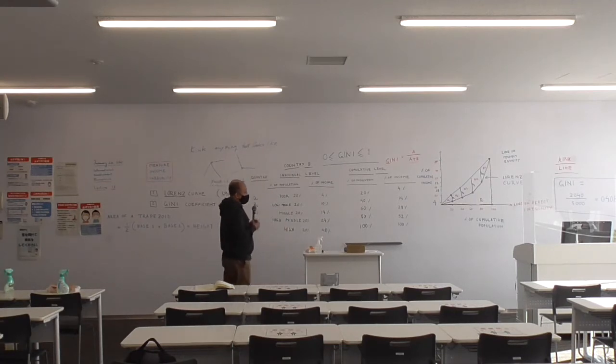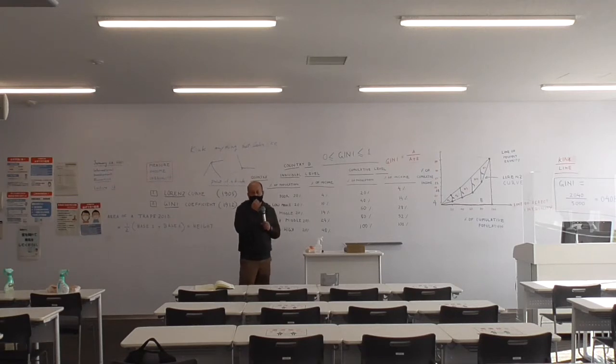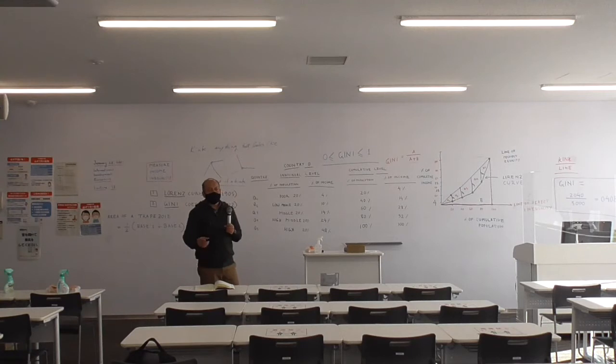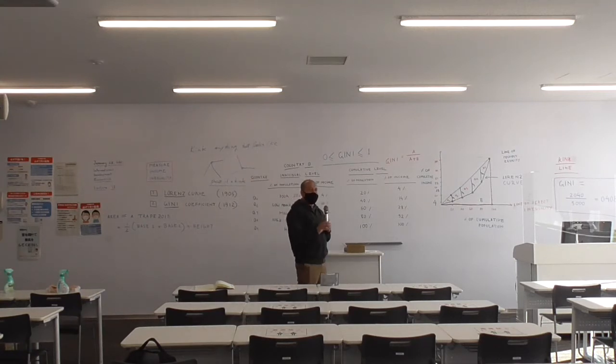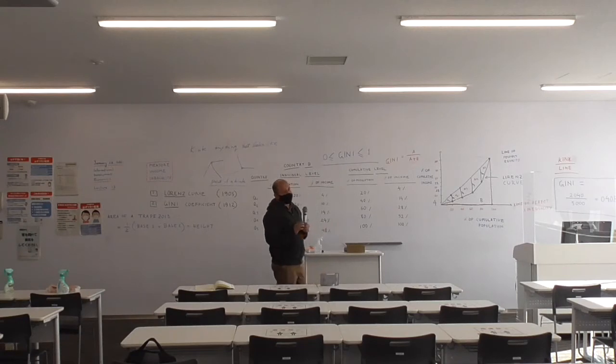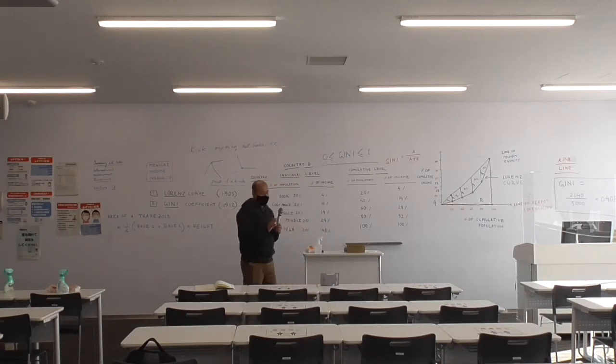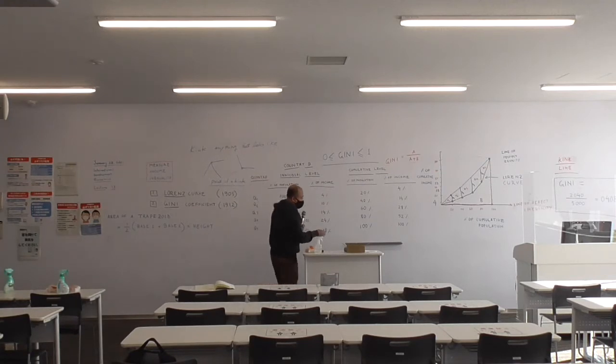On the other hand, South Africa, for instance, has a Gini coefficient of more than 0.6, like 0.61 or 0.62, and those are the numbers we should be worried about.